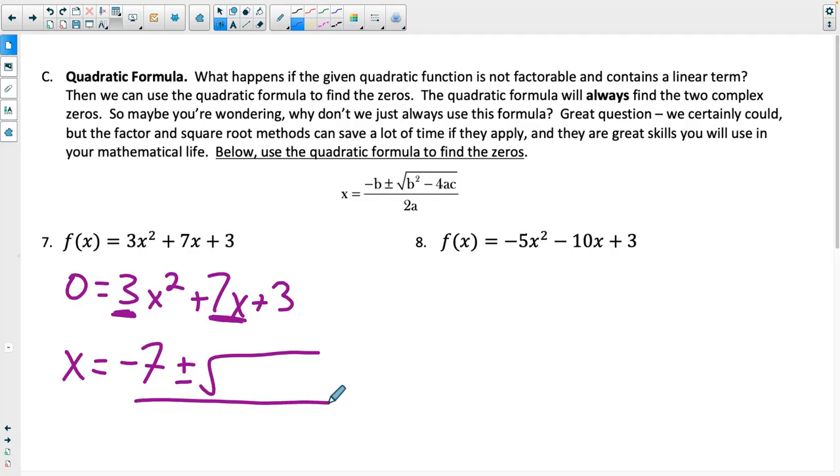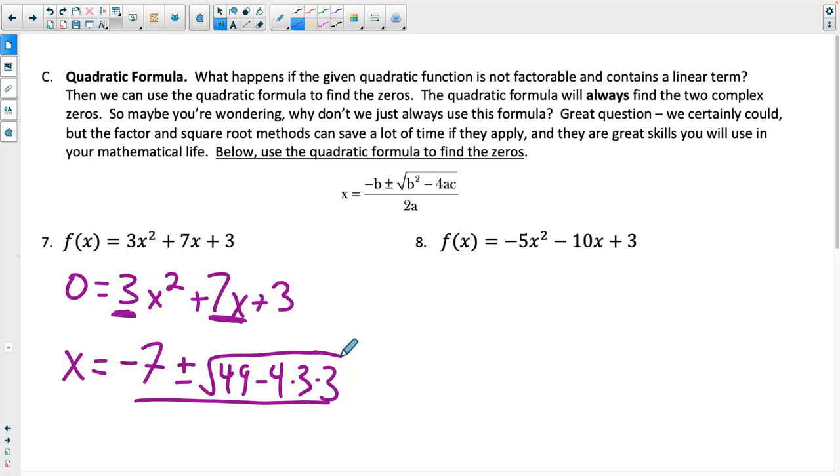And there's a couple things that I like to do. I like to actually square b right off the bat. It's one less thing I have to type in my calculator. So I'm going to have 49 minus 4 times 3 times 3. And you notice that when I write this up here, if I have a negative, I put parentheses around it. If I don't have a negative, I don't put parentheses because it's one less thing that I have to type in on my calculator.